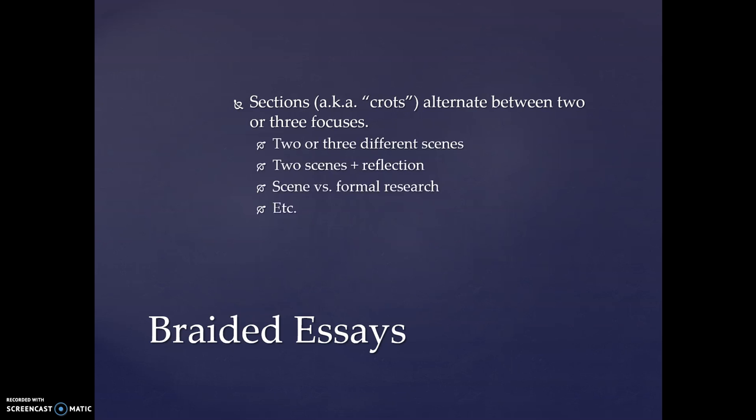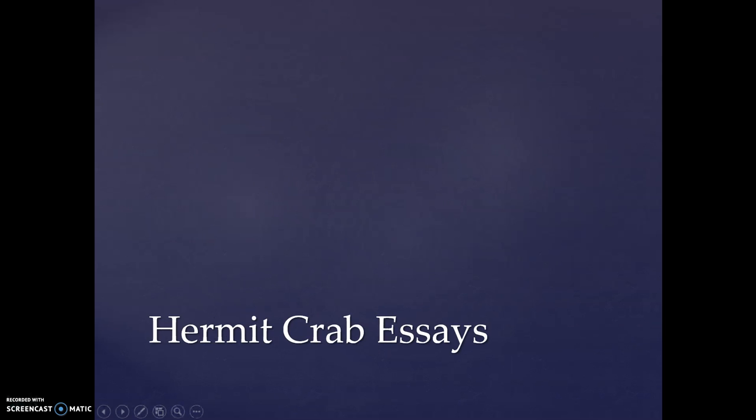For instance, you might be alternating between two or three different scenes. You might be alternating between a scene and reflection, or a couple of scenes and reflection. Maybe you'd alternate between scene and some formal research. There are lots of different options for what you might include in a braided essay.